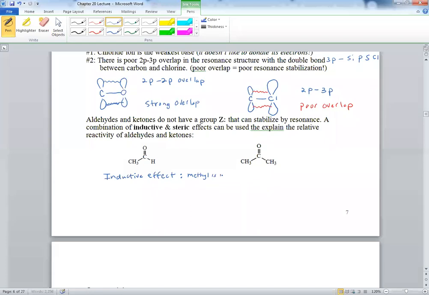So what they do is they give electrons toward that carbon, which means, again, it makes the carbon less positive.